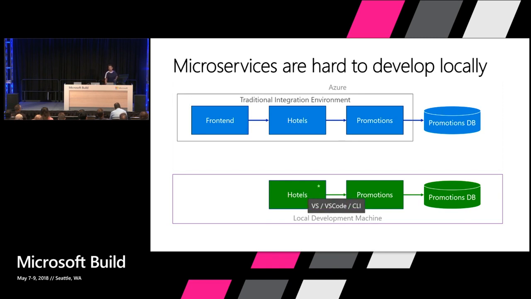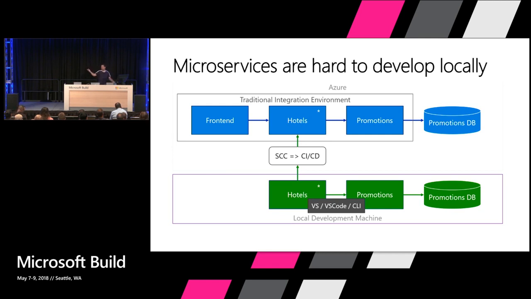Modify some code, get that running locally, and at some point I'm like, okay, I've done some local testing here, unit tests and so forth, I'm ready to commit this. So you commit that, and if I have a CI/CD pipeline, it will pick up those changes and actually deploy my modified hotels. And that is the environment in which probably this is the first time that hotels is actually running where there's other stuff that I haven't run locally.